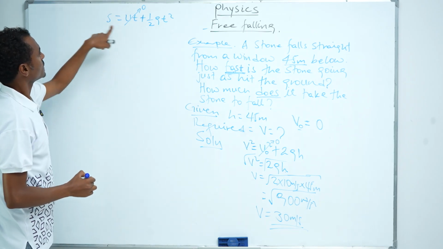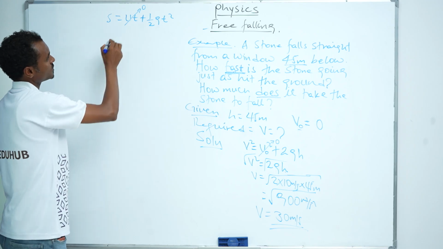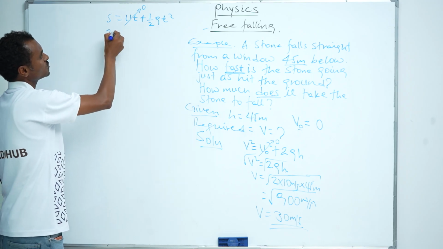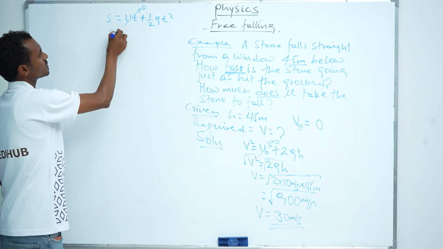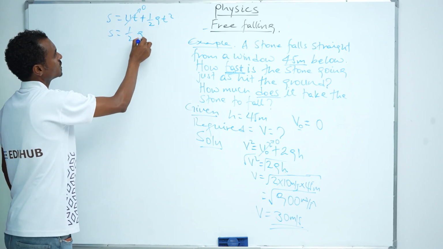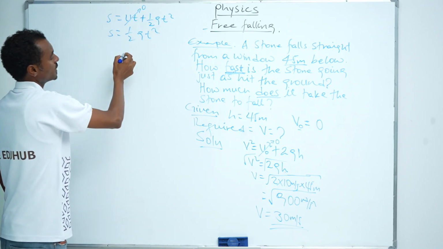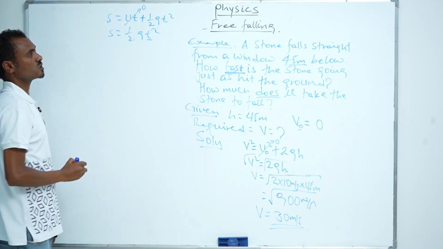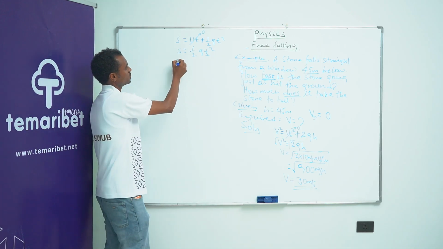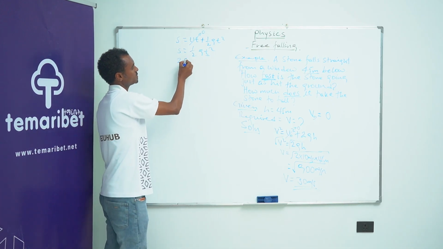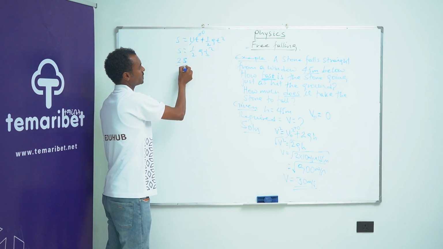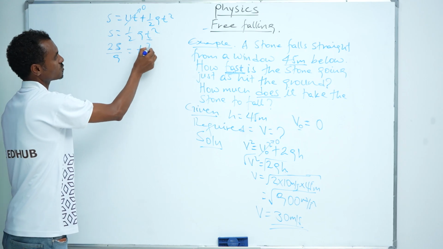And then s is 45, so s is equal to 1 over 2 gt square. To take out t square as the subject, we multiply by 2, so 2s divided by g is equal to t square.